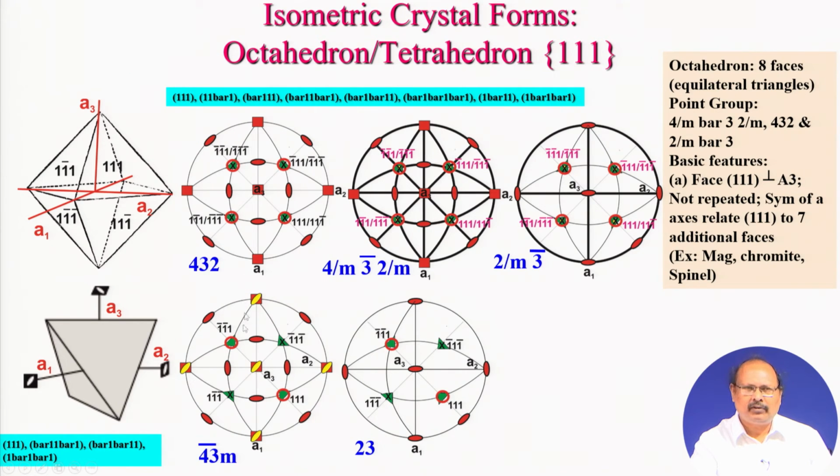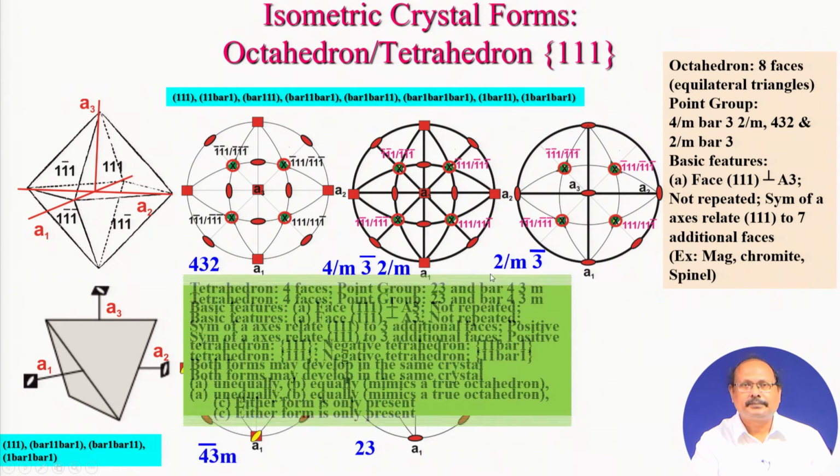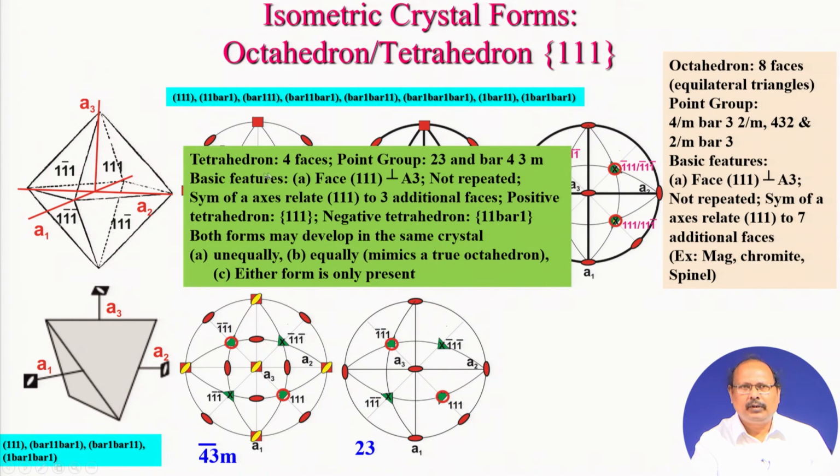Here there are 8 faces in the octahedron, whereas these are 4 triangular shaped faces here, and this we call a tetrahedron. This is an example of this tetrahedron here, and this is the position of your bar 4 axis, that is your A1.